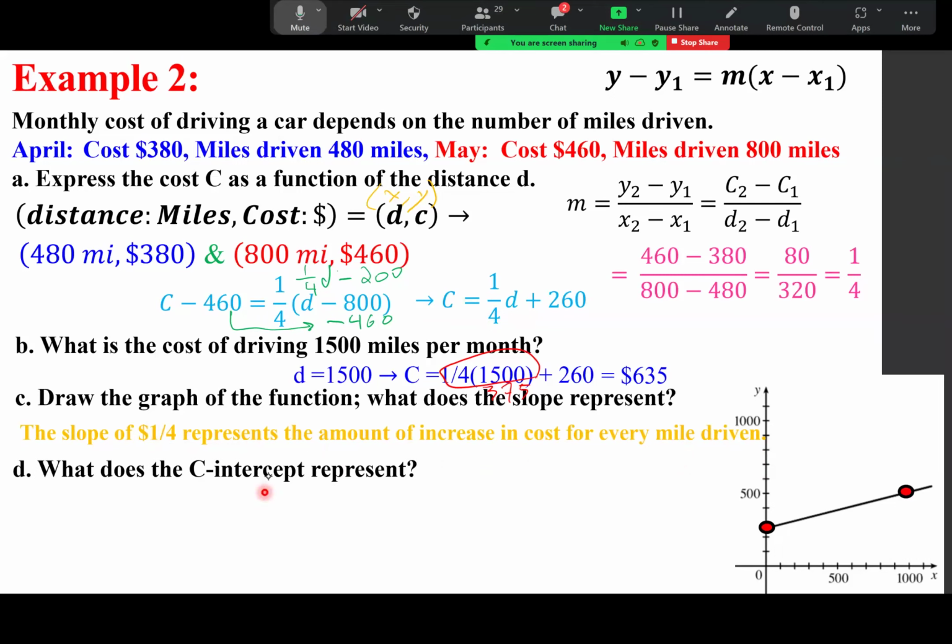What does the c-intercept represent? That's a fixed cost, everyone, no matter what. In other words, don't drive it at all. This would be the cost.